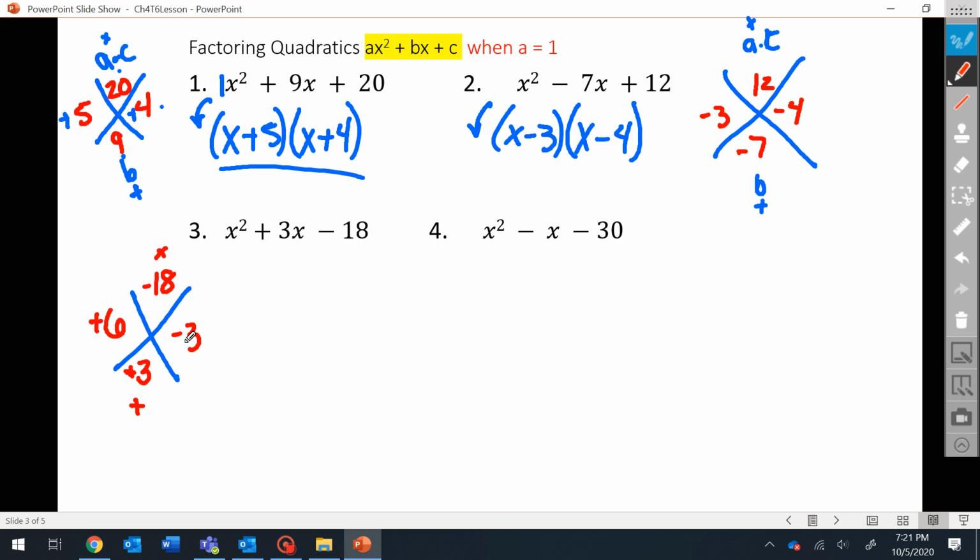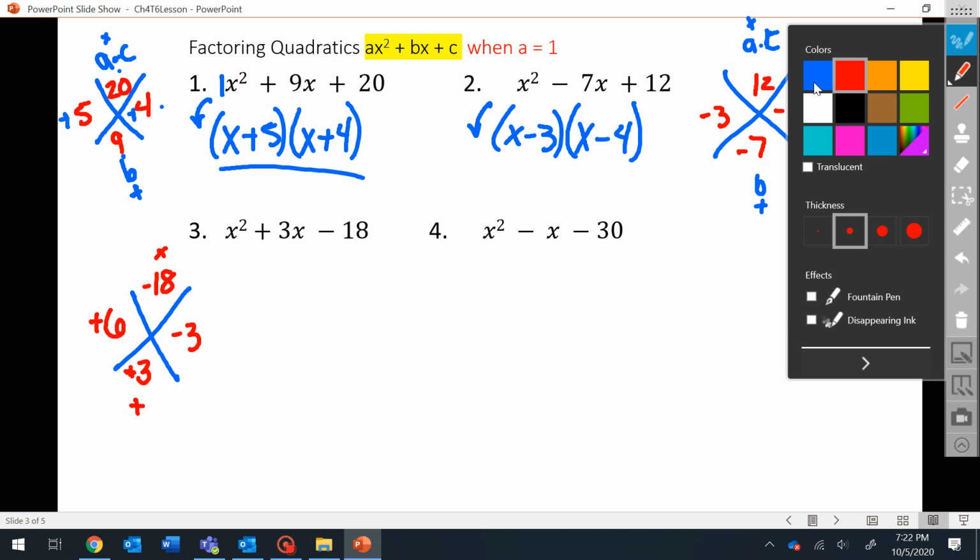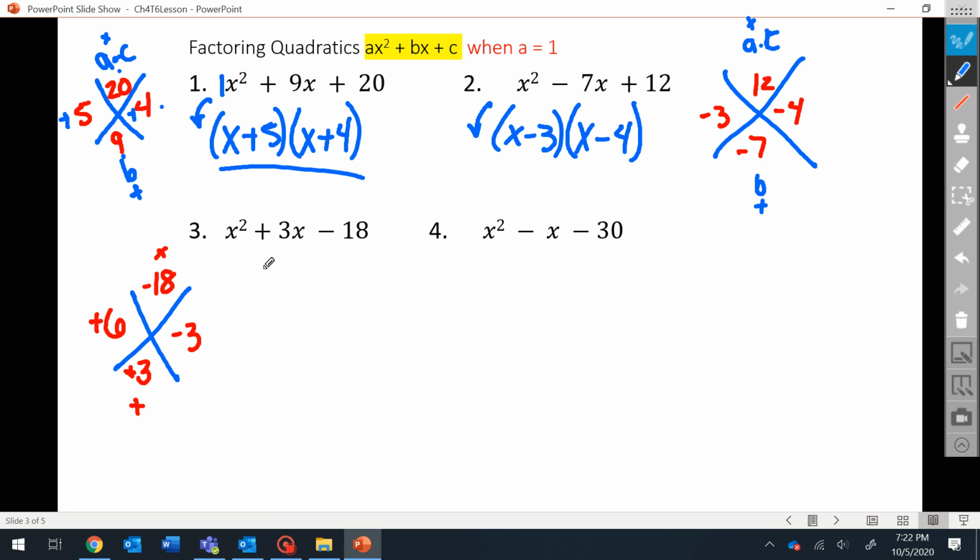Positive 6 times negative 3 is negative 18, and positive 6 plus negative 3 is positive 3. So my first factor is x plus 6 and my second factor is x minus 3. Of course, you can check this: x squared minus 3x plus 6x minus 18.